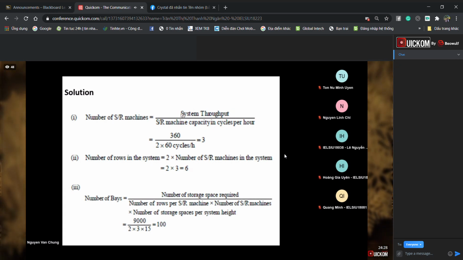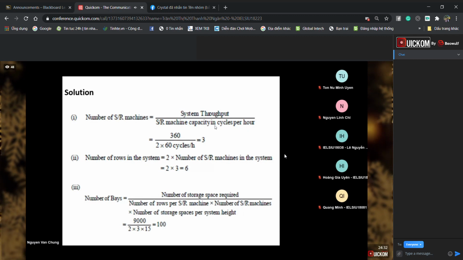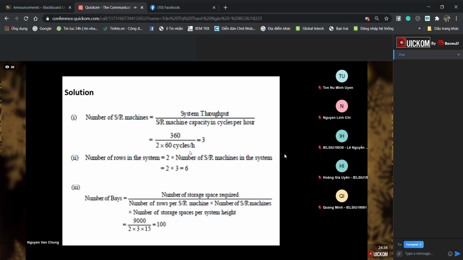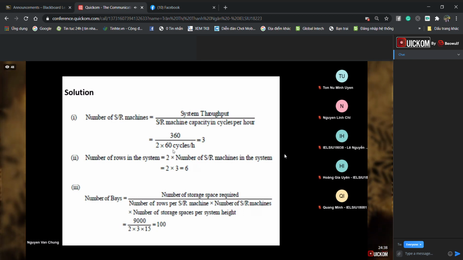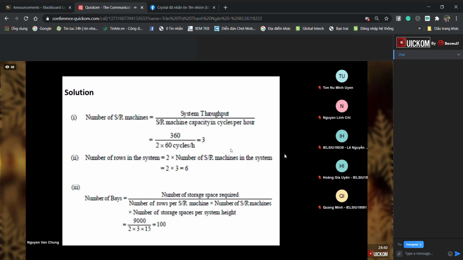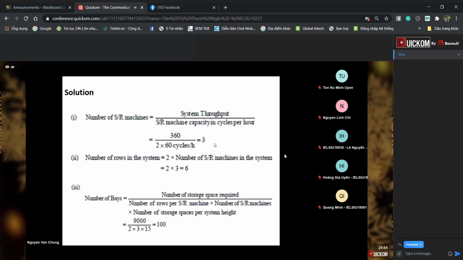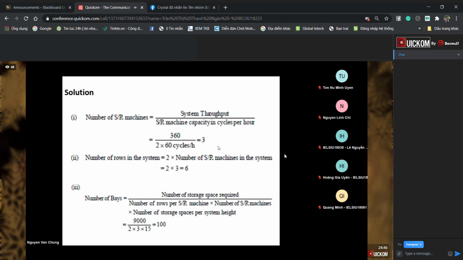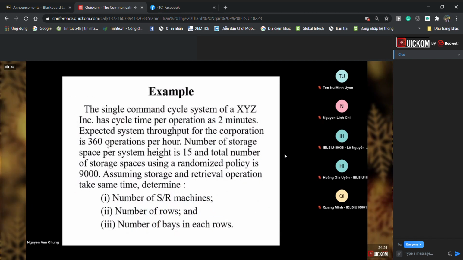You have the system's throughput here and the capacity per machine per hour. This you have is 2 minutes per cycle. Okay, per hour, and then you can find the number of ASRS.